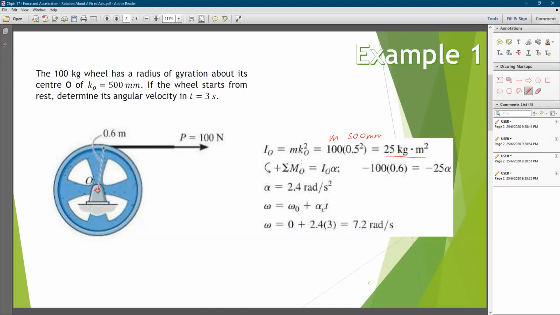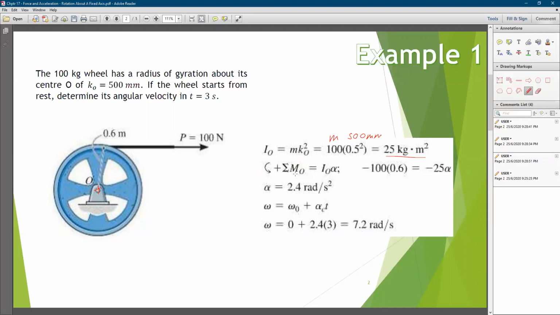Now, moving on, we want to calculate the angular acceleration of the wheel due to this force.